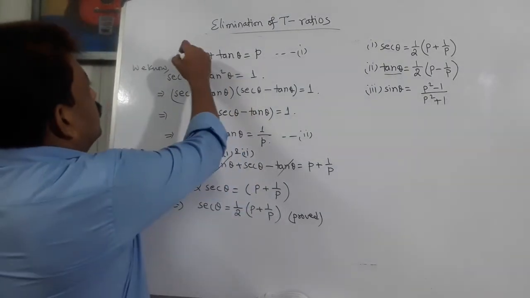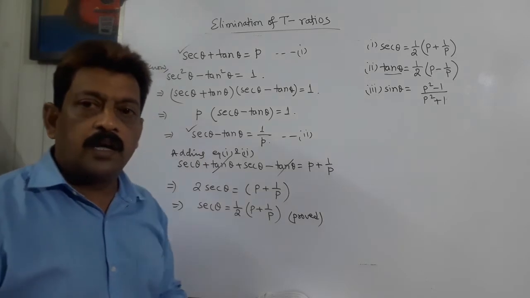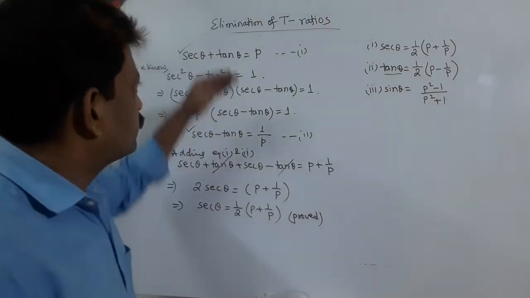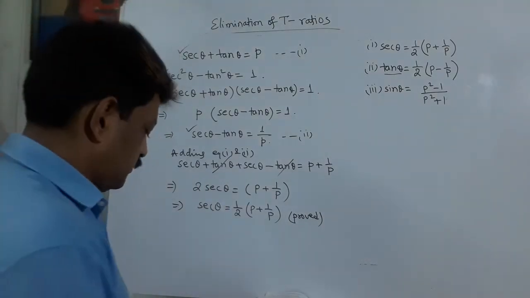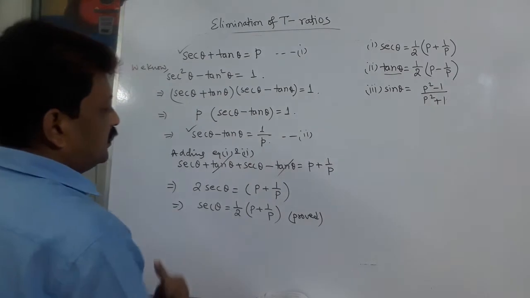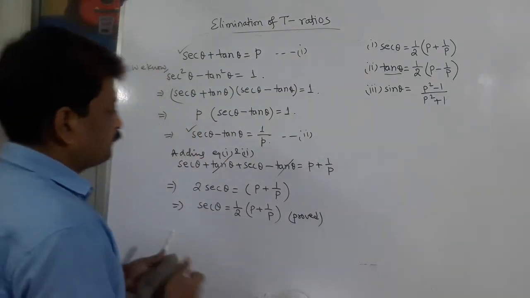This equation number 1 and equation number 2, we can find the value of tan theta. I hope you have guessed well. Okay? Yes, we have to subtract these two equations. By adding, we have got the value of sec theta, and by subtracting, this sec theta will be cancelled. We will get the value of tan theta.